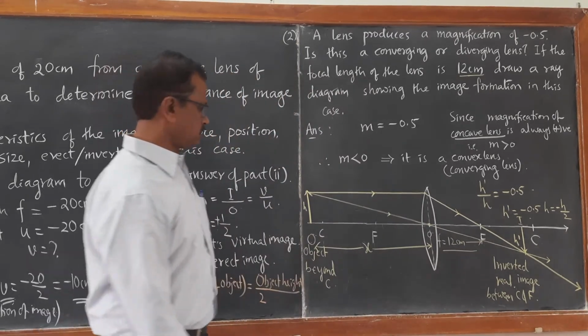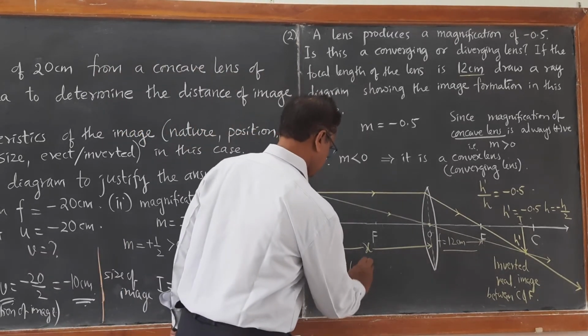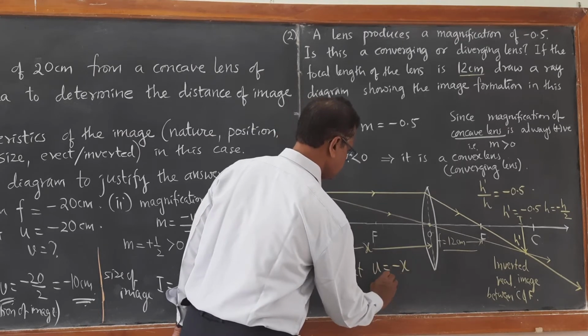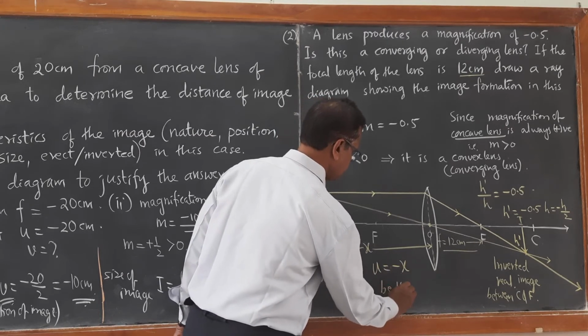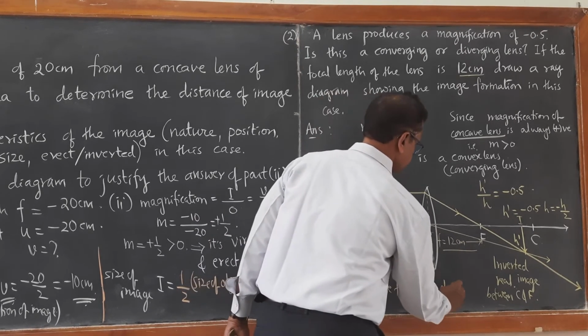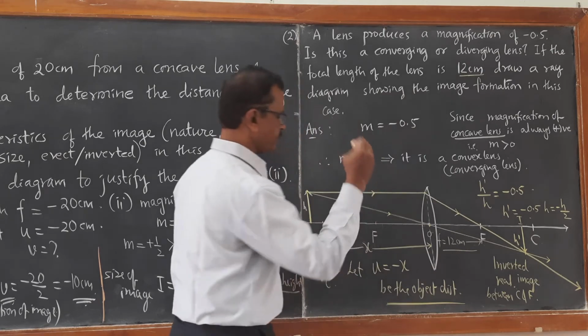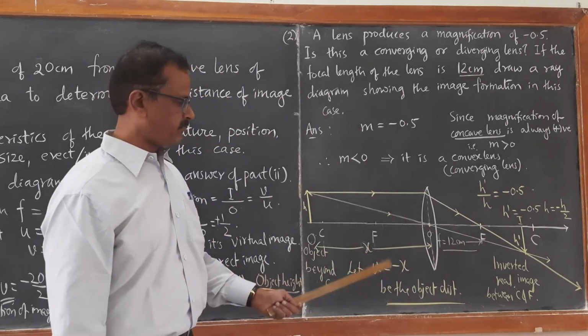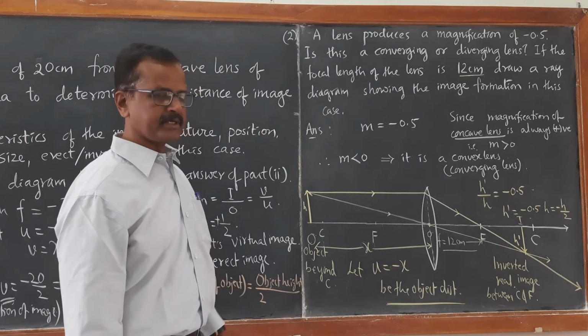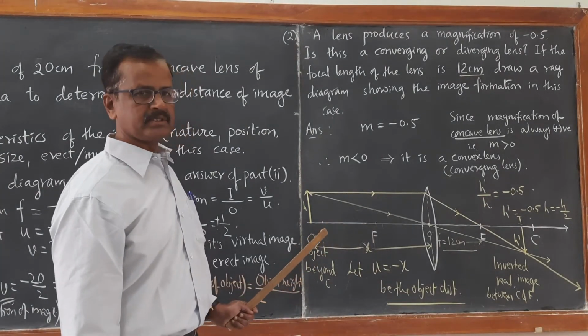Let u is equal to minus x be the object distance, so that we can find out what is the value of image distance exactly. Let u be the minus x, because object should be always kept towards the left side.